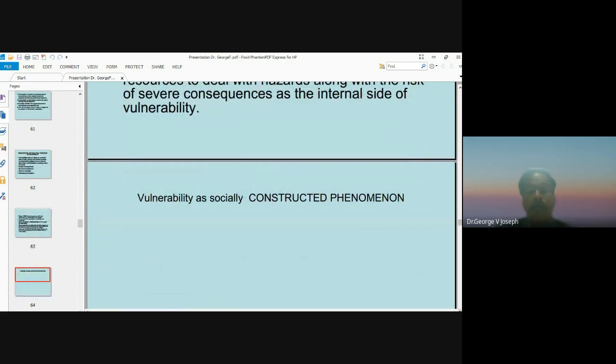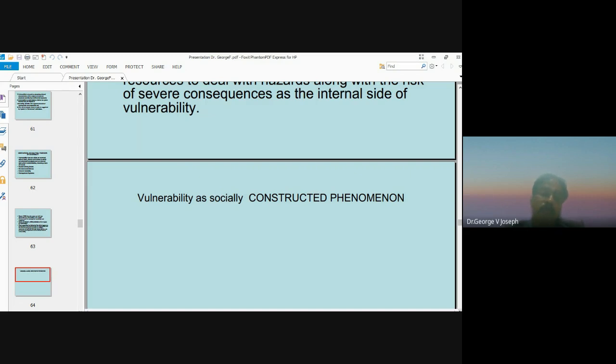And again, vulnerability is a socially constructed phenomenon. It is a dynamic thing. It can also be reduced. Suppose better awareness and better systems are developed for disaster response, or disaster mitigation activities are taken up, so vulnerability can be reduced.